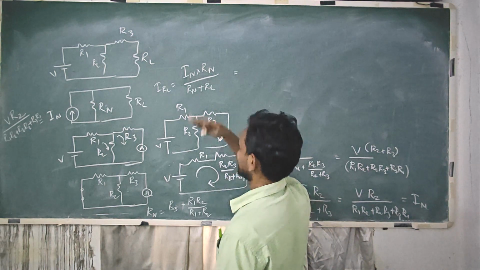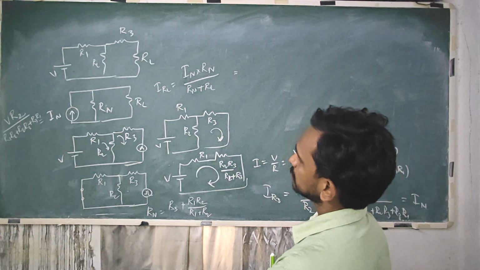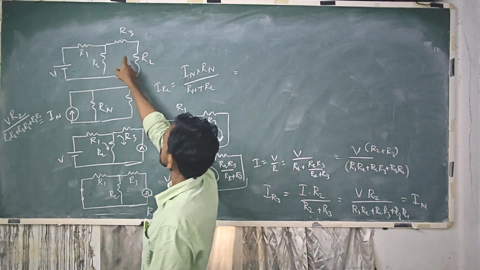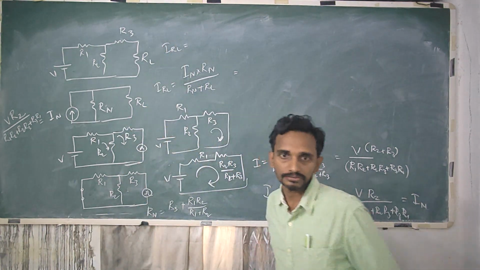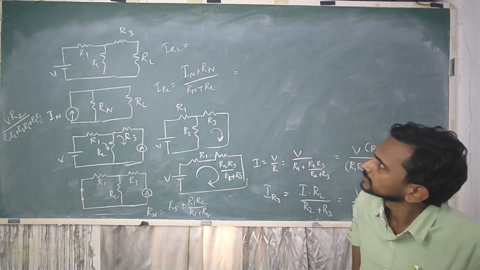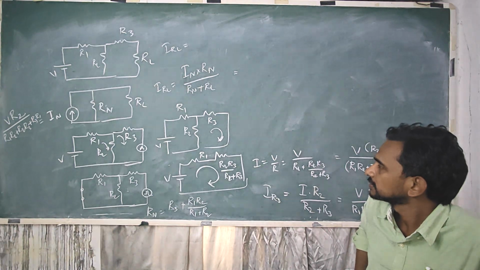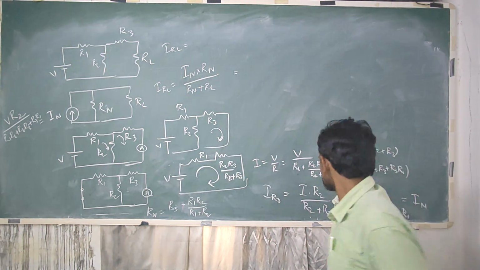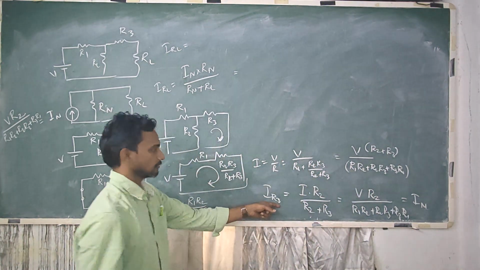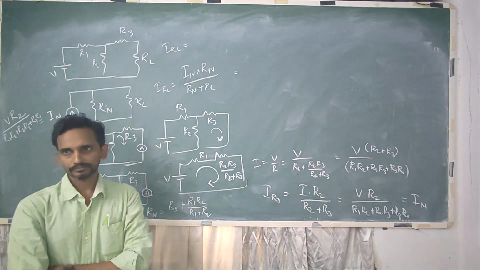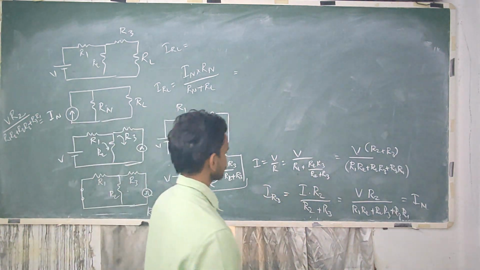IN, you don't need to simplify it, you can keep it. And if you want to know the value, and what about this? From here IRL is the same resistance that we are going to get here, but instead of R3 you have R3 plus RL.